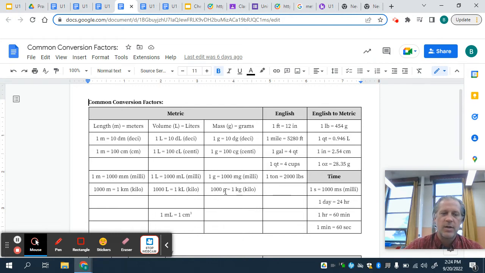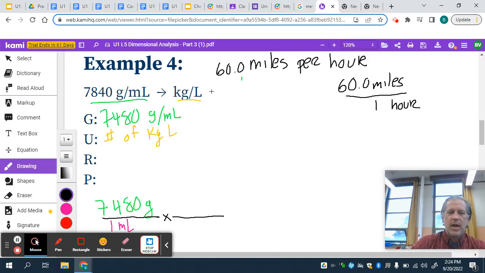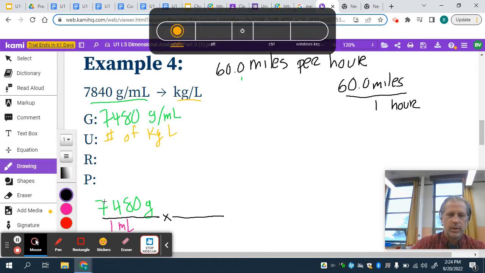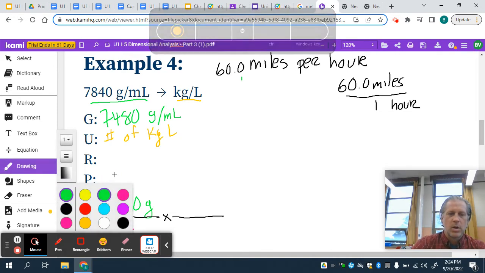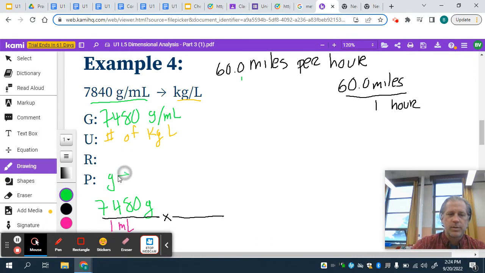And there it is. There is a relationship between grams and kilograms. So now I'm going to pop back to the lesson, and I'm going to say that we're going to convert grams to kilograms. So that's the first thing that we have to do.